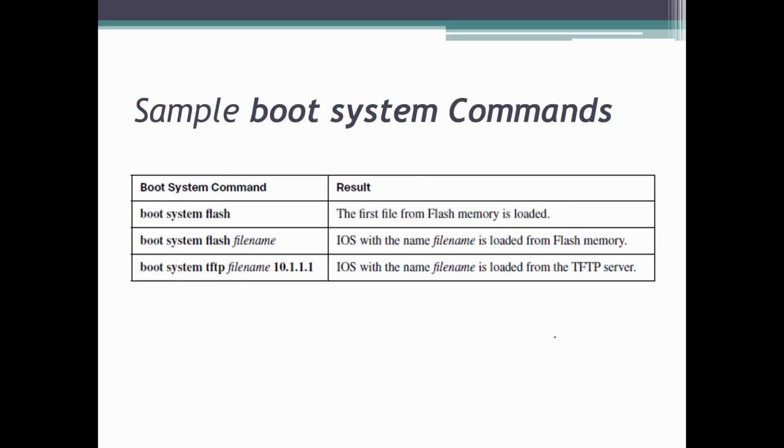So sample boot system commands could be boot system flash and the file name, or boot system tftp, the file name, and the IP address. And that's the bare bone basic router.